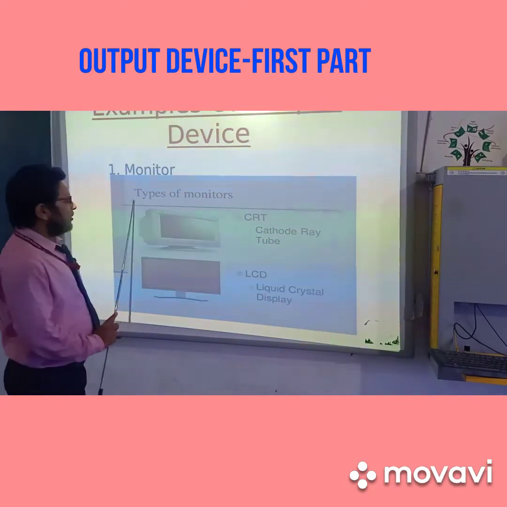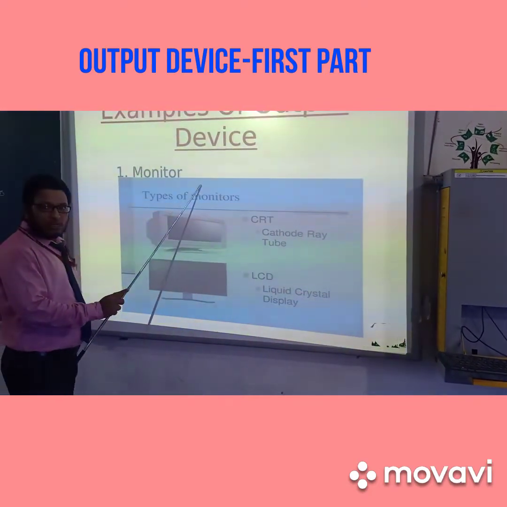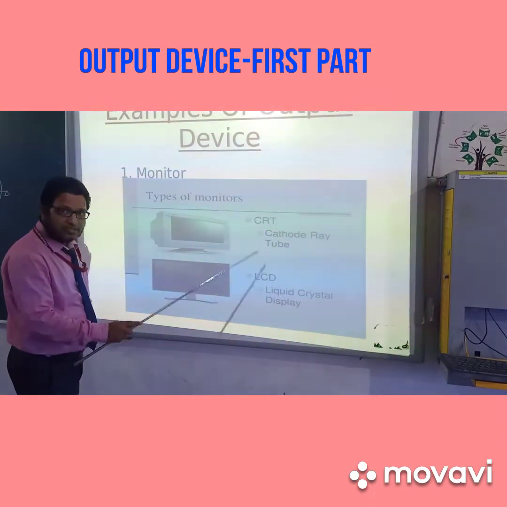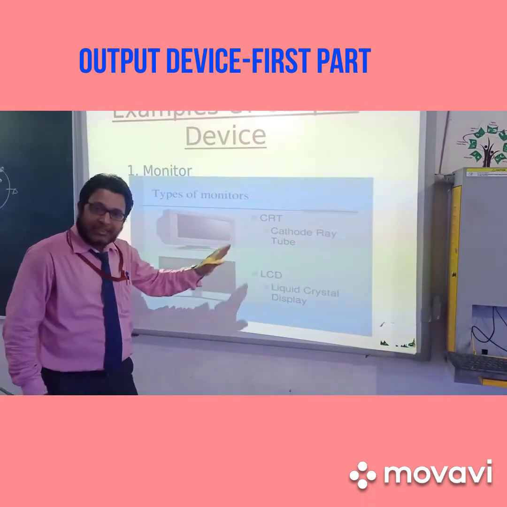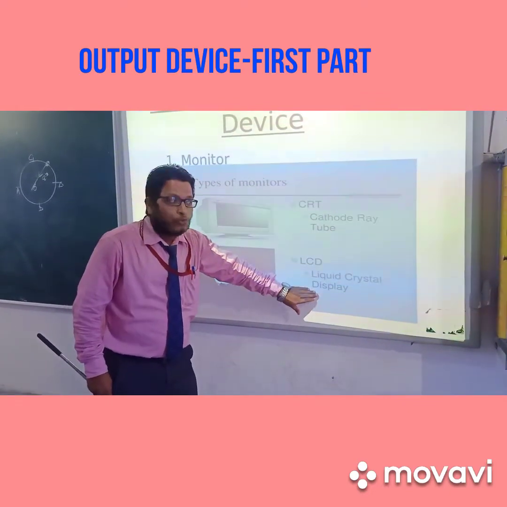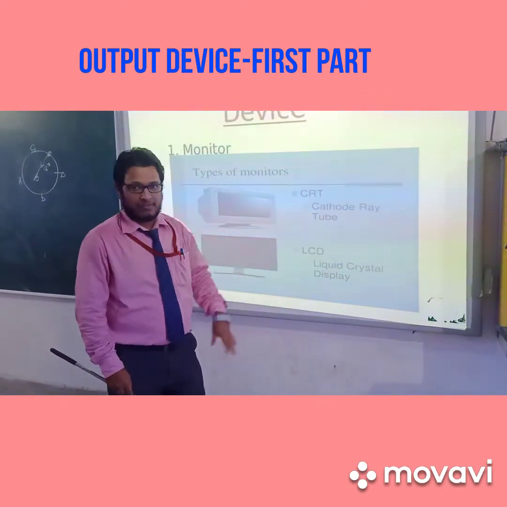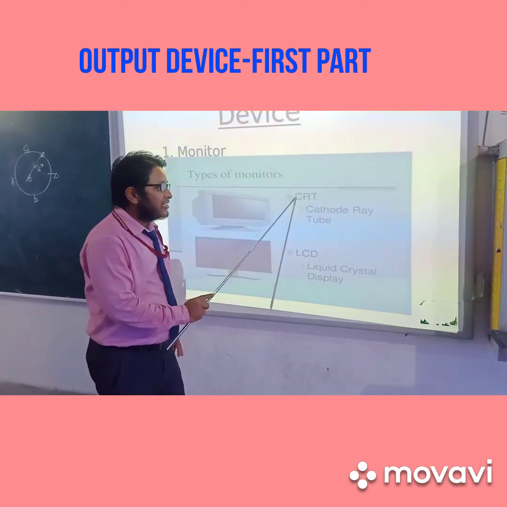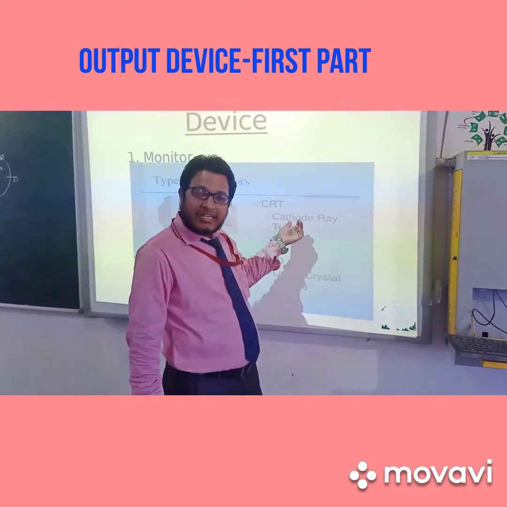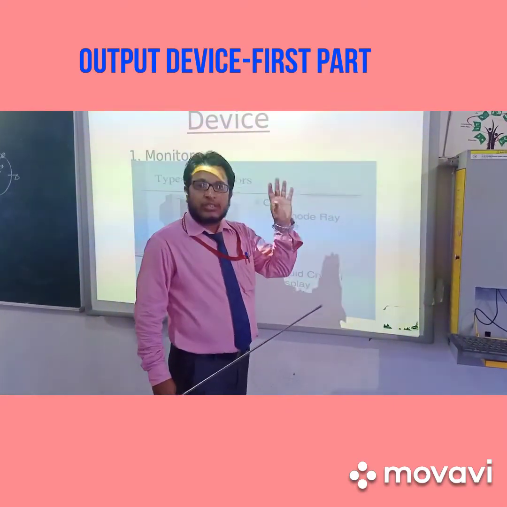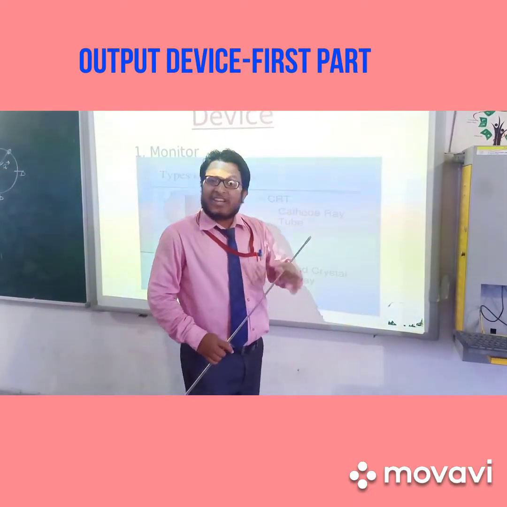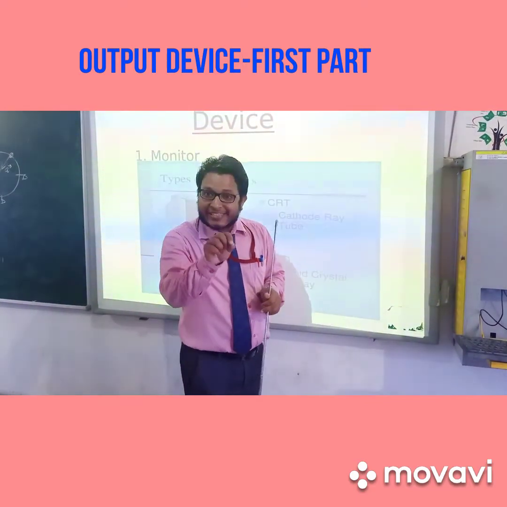First of all, you see monitors are of two types. One is a CRT monitor, another one is an LCD monitor. CRT stands for cathode ray tube, and LCD is liquid crystal display. What is the difference between CRT monitor and LCD monitor? Students, a CRT monitor also displays the information, but it consumes high electricity.